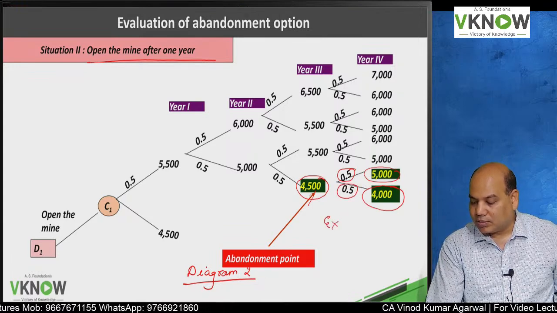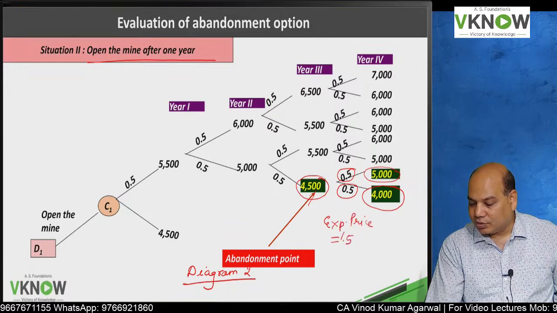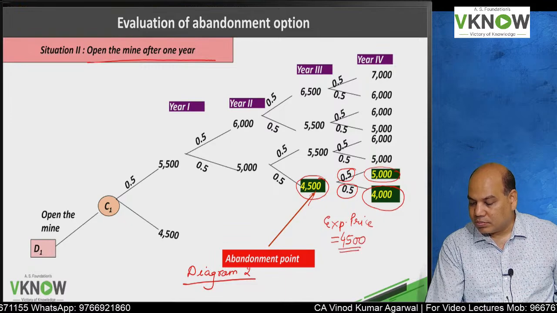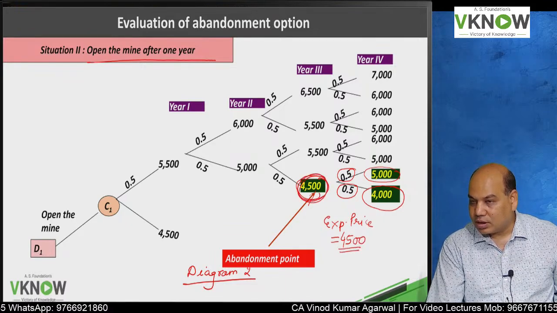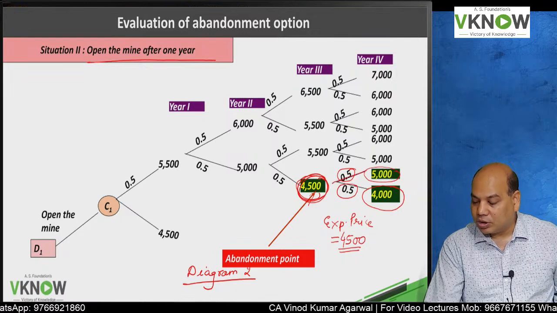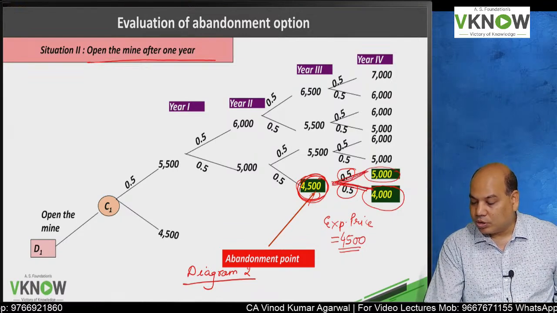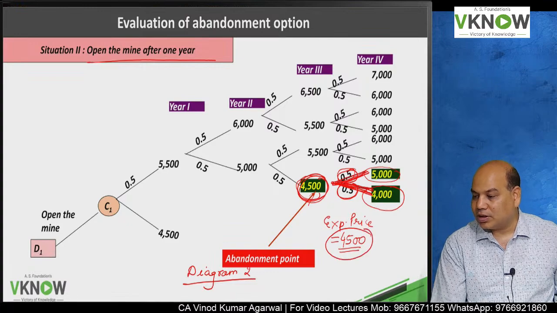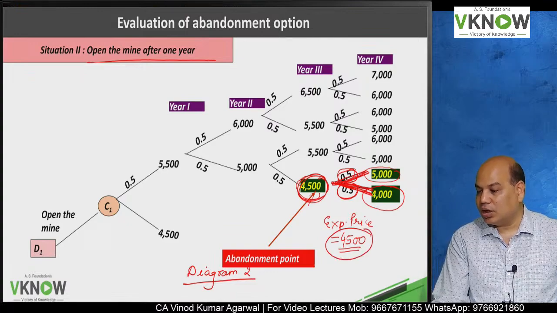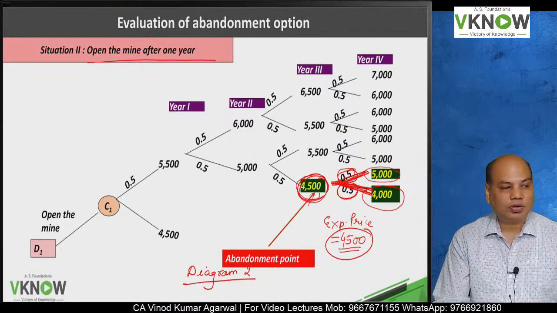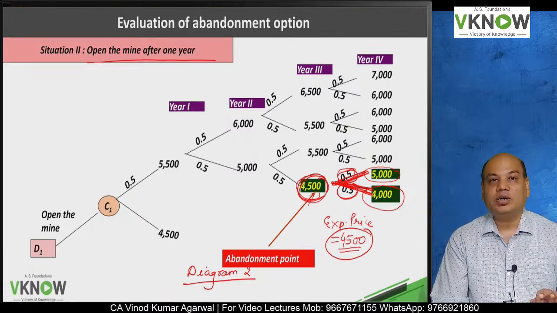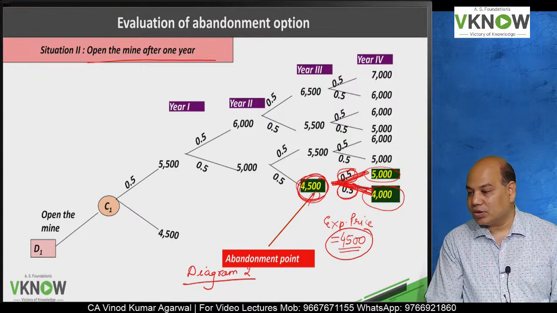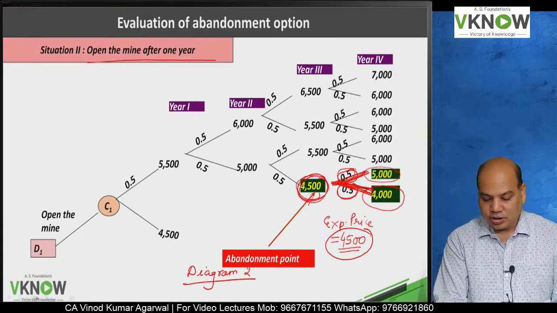So my expected price will be 4,500. Standing here and looking forward, I find there are only 2 possibilities, either 5,000 or 4,000 with 0.5. If it is less than the cost of extraction, it is better to abandon at that point.